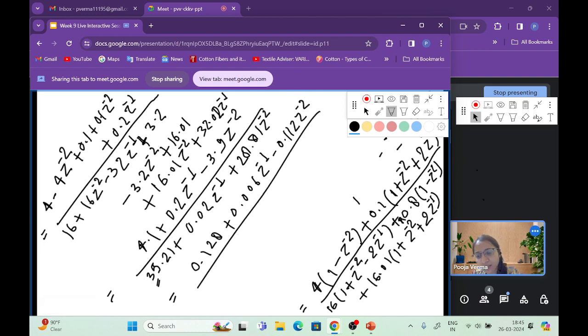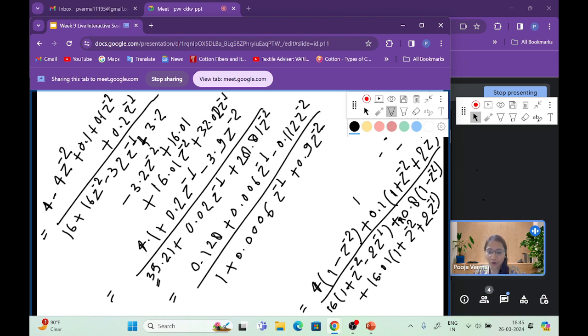We divide by 35.21 in the whole denominator and numerator. Then here we will get 1 plus 0.0006 z inverse plus 0.9 z to the power minus 2.